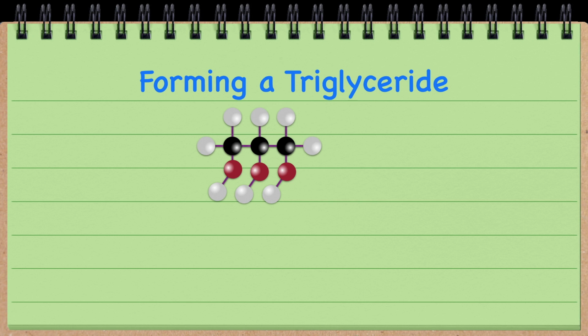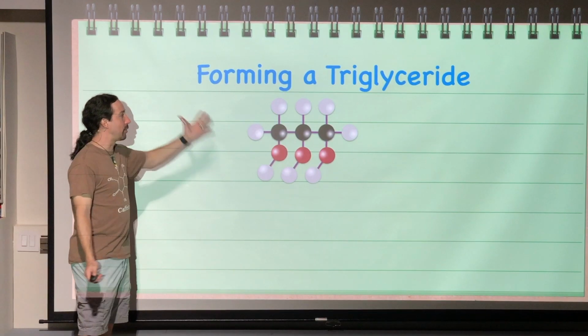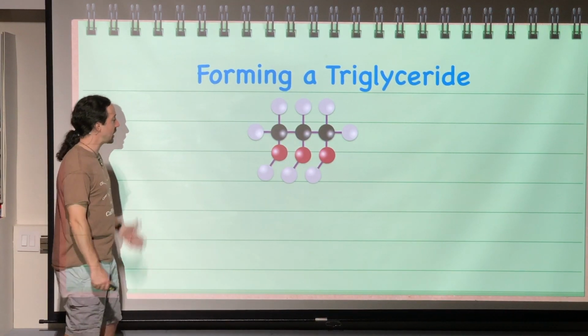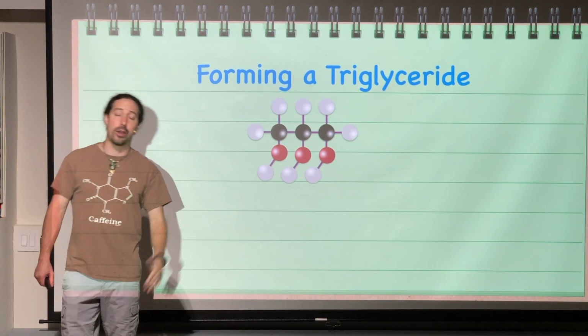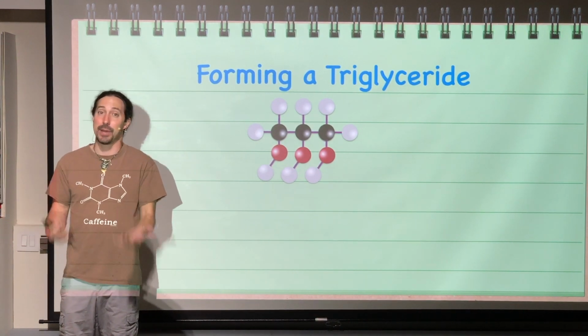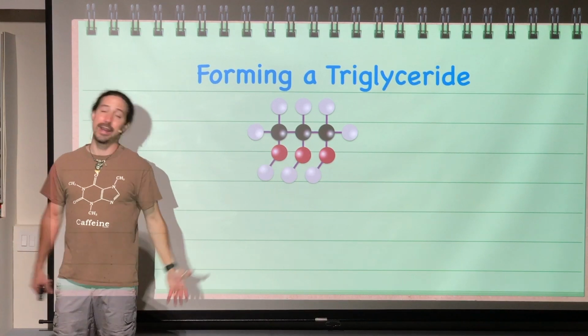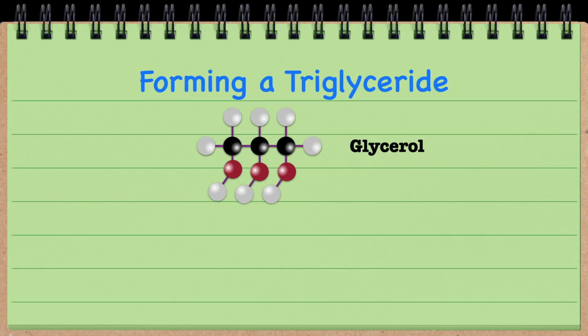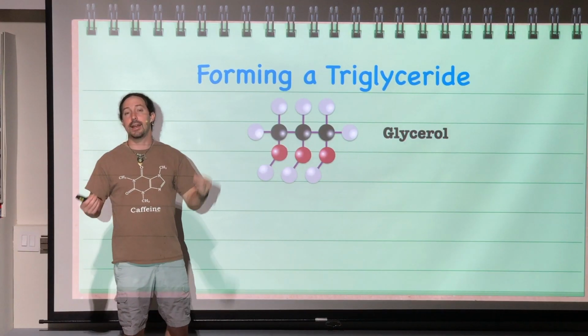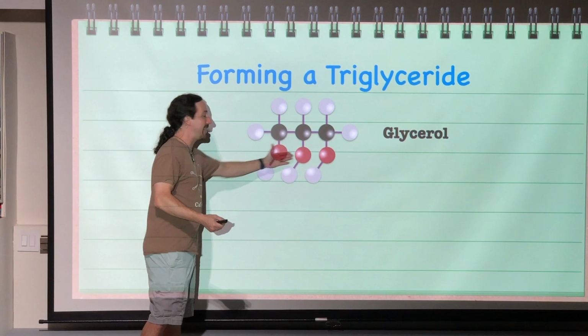First, the triglycerides. Remember, they're for energy storage. And now we're going to form a simple triglyceride. The first thing that we're going to need is a new monomer. So I know I just said fatty acids, that's a monomer for a lipid. Yes, and also this one. This is called glycerol. Glycerol is a 3-carbon molecule that also has 3 oxygens bonded to hydrogens connected to it.